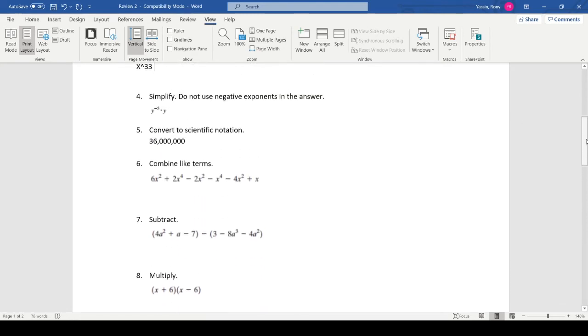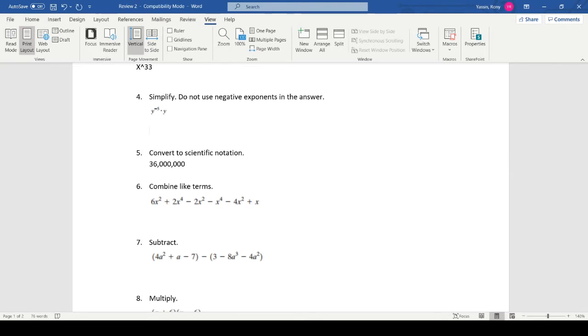Okay, so number 4. It says simplify, do not use negative exponents in your answer. Here we have two variables being multiplied together. The first one is y to the minus 5th power, and it's being multiplied by something with just y. If there's no exponent showing, you're just assuming the exponent is 1.